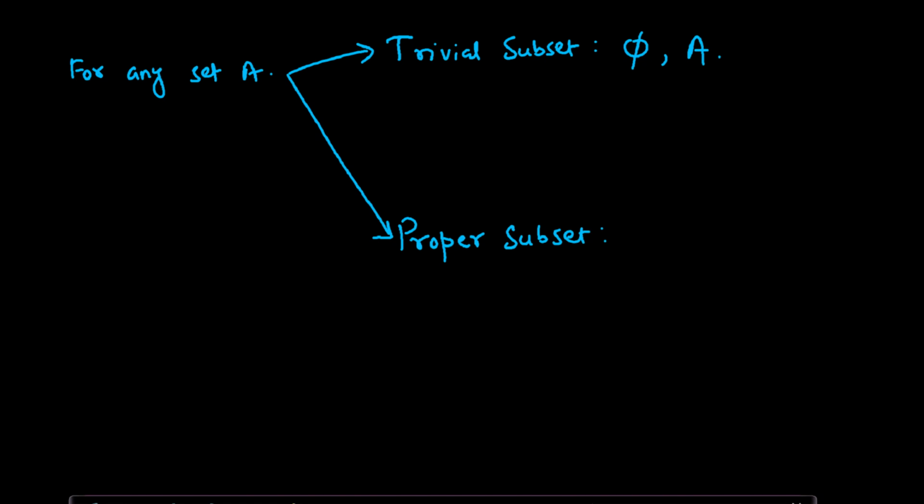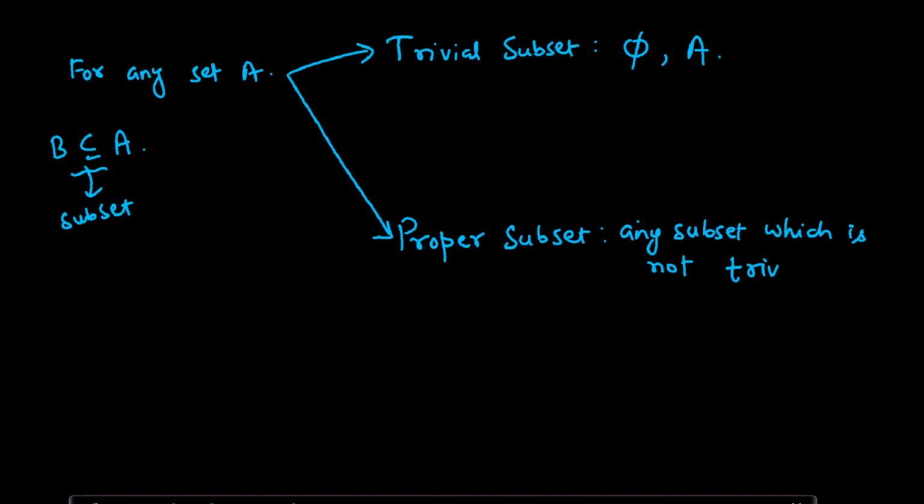What is a proper subset? When you say that B is a subset of A, this is how we represent it. This is the representation of a subset. And what is a proper subset? Any subset which is not trivial. This is represented as B proper subset of A. So what do you mean by B proper subset of A?